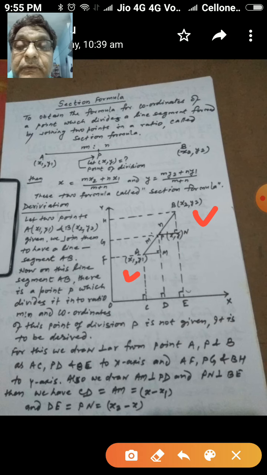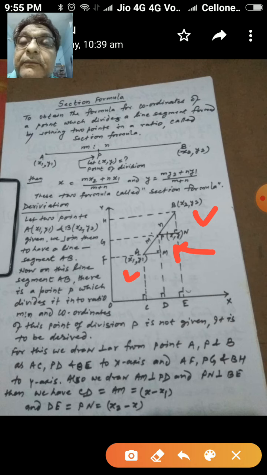By joining these two points, a line segment AB forms. Now on this line segment AB there is a point P as shown here. It divides the line segment in the ratio m is to n. Let the coordinates of point P be x and y. Now we have to find these coordinates x and y of the point of division P.